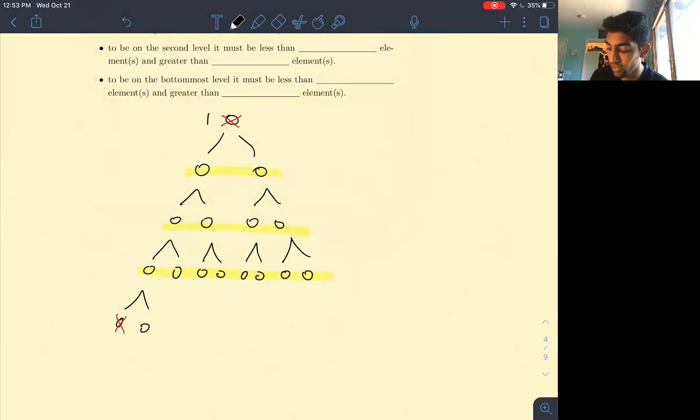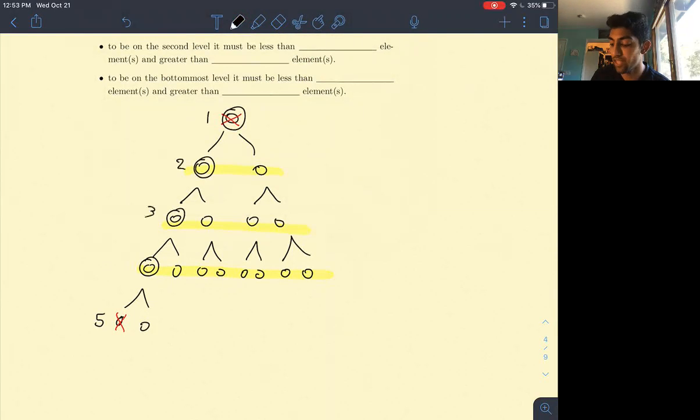Looking at a number here, let's say 5, in order for 5 to be here, it must be greater than this element, this element, this element, and this element. In other words, it must be greater than all 4 elements above it, all of its parents. Best case, it's the fifth smallest element. It can't be the fourth smallest.